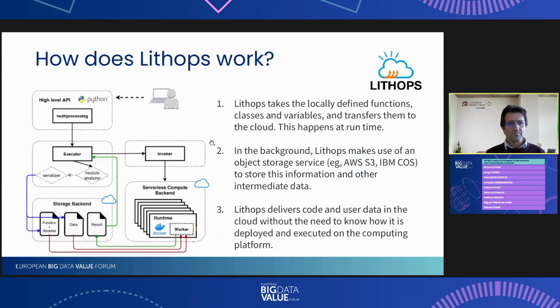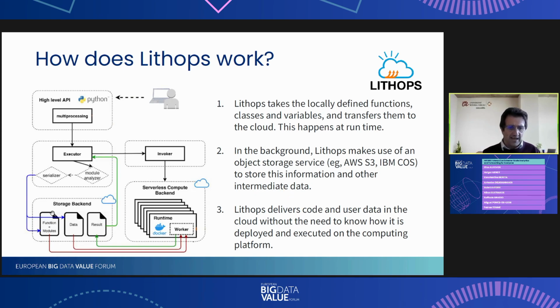How does Lithops work? In phase 1, Lithops takes the classes and variables in Python and transfers them for you to the cloud. You don't configure containers or anything. You just write Python code in your notebook. Then, in the background, Lithops uses object storage to store this information in the cloud. It delivers it to the function, deploys it, and runs it.